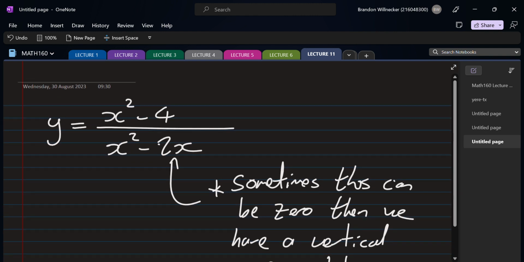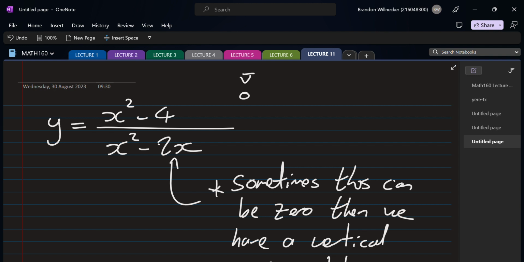Now, something to notice with this is that when x is equal to 2, the numerator is 0, the denominator is also 0. So we have 0 over 0. That's an indeterminate form. In other words, this rational function is not continuous at x equals 2. So we have a problem there. Okay, so please make sure you can spot that. So you need to be able to spot when these rational functions are continuous or not.